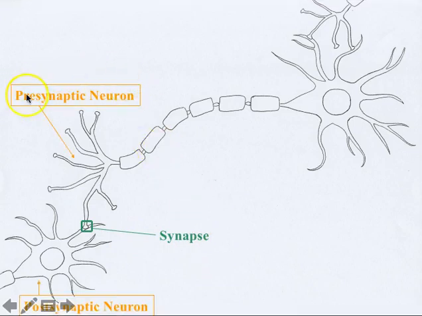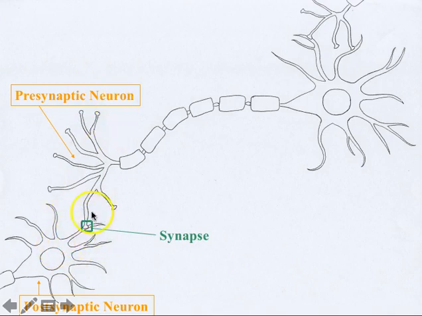Up here we have the presynaptic neuron. Pre means before the synapse. And down here we have the postsynaptic neuron. Post means after the synapse. So this description of these neurons is in reference to the synapse.